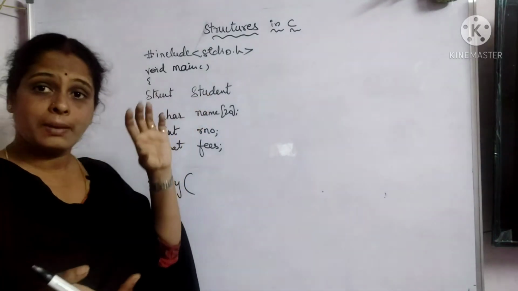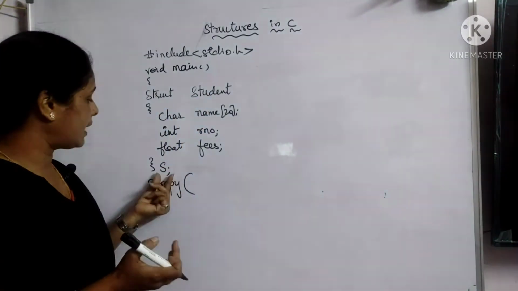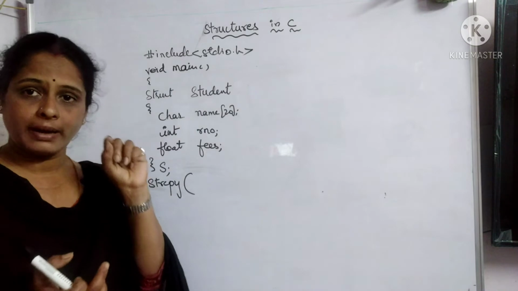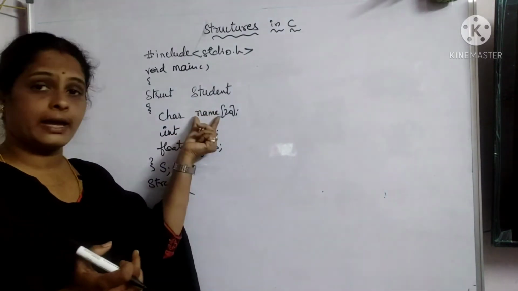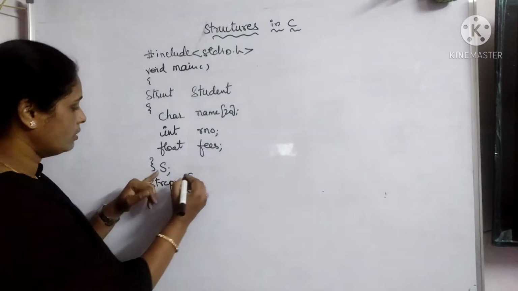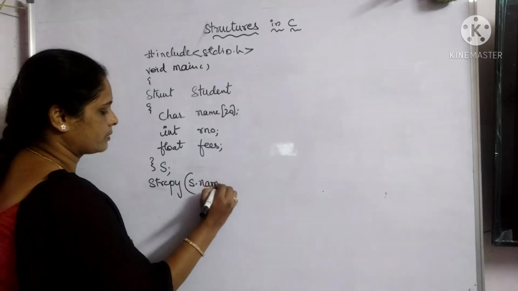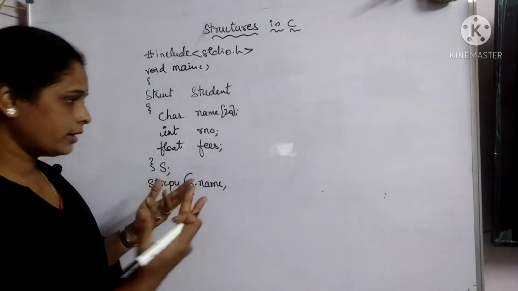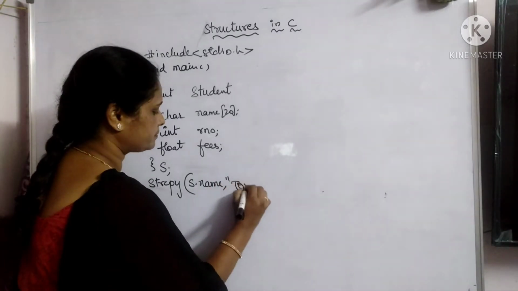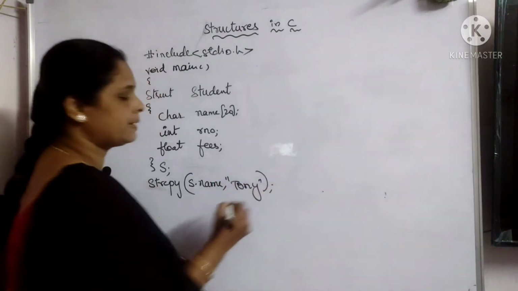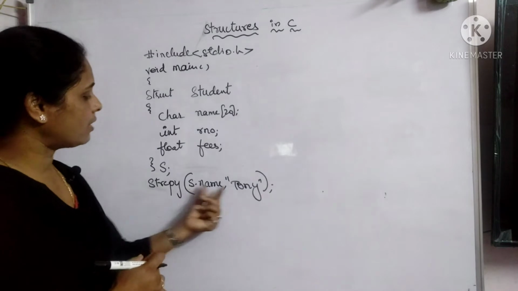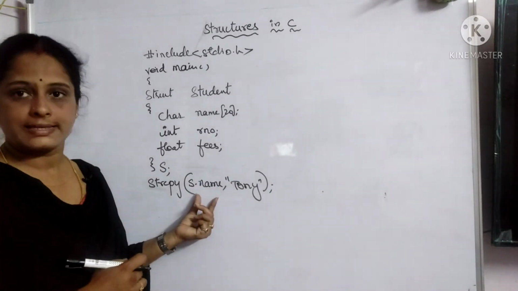Now to access the members of the student, what do I need? I need the variable of it followed by a dot operator followed by the member of that structure. So S dot name, comma, what name do I want to give? Simple. Okay, so now Tony is copied into S dot name.